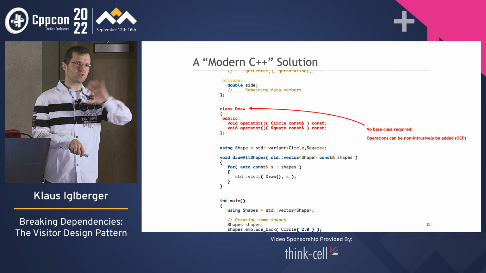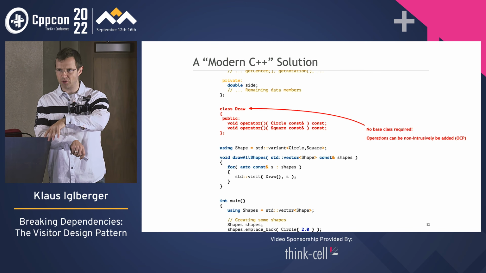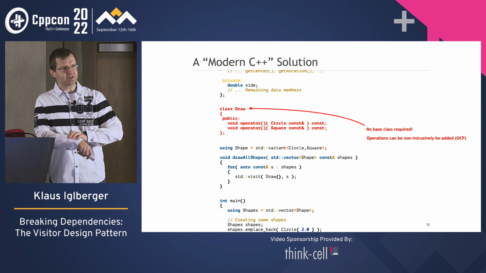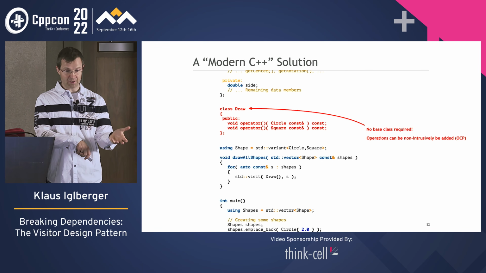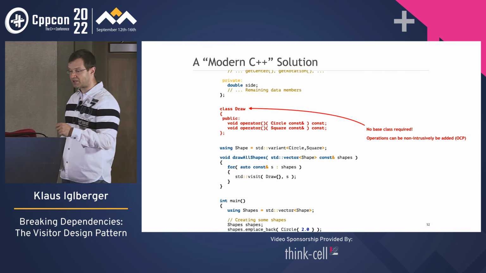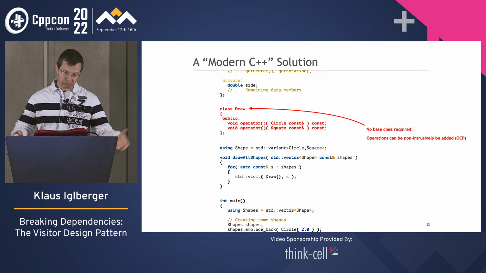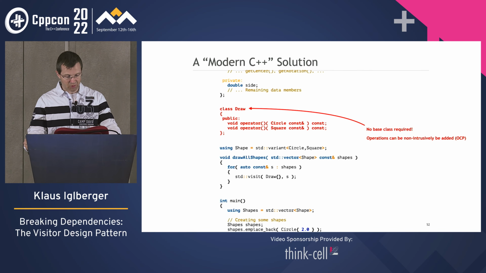Major difference, before it was called visit, now it's called function call operator, which is a very, very reasonable choice because this allows us to use a lambda too. If you have a lambda right away, well, use the lambda. You do not have to write a class. It might be convenient, but you can use anything that is callable.